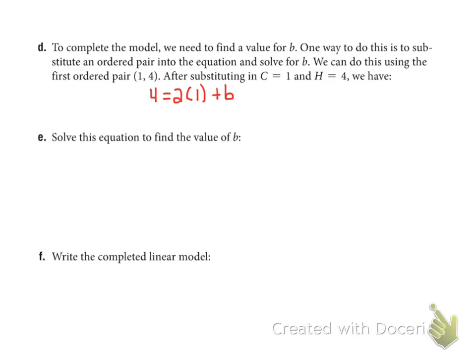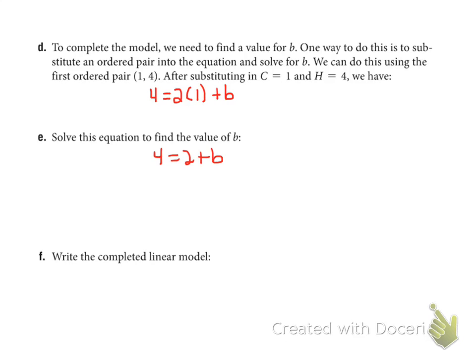Okay, so now we need to solve this. What do we do first in solving it? 2 times 1 is 2. So 4 equals 2 plus B. What's the next step? Then you have to get the 4 with the 2, right?